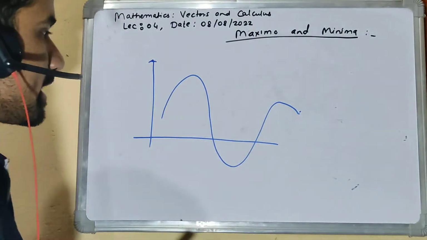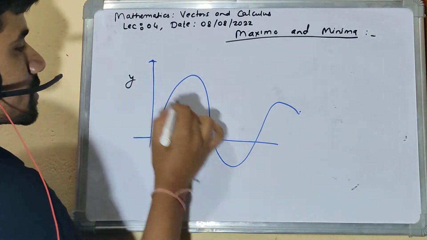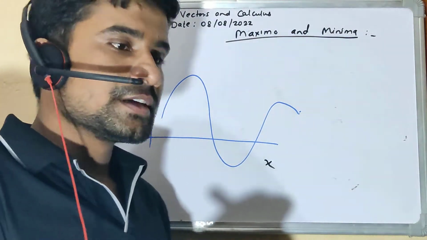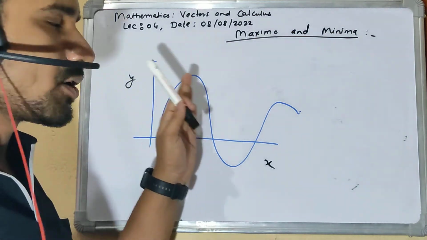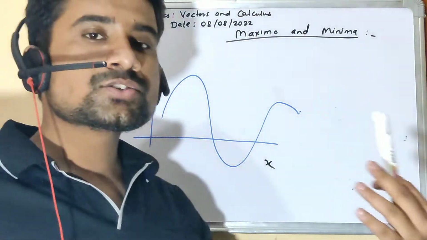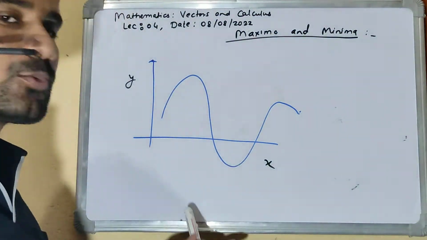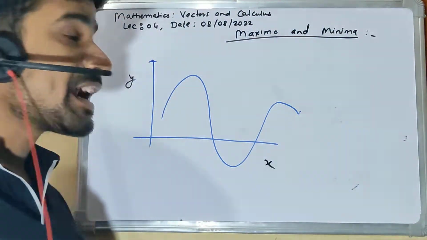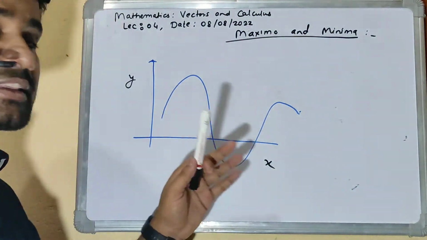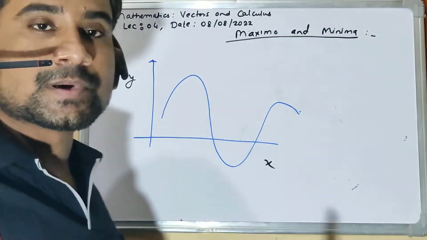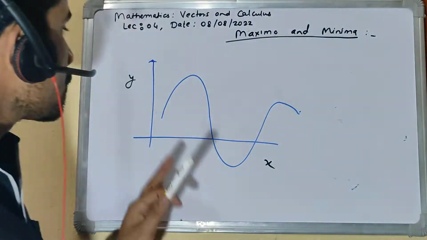This is y as a function of x. If you see this curve, it can have multiple tangents at all different points. If I am asked to find at which point on this curve attains the maximum value, or at which point it attains the minimum value, I can use dy by dx to help with this problem.